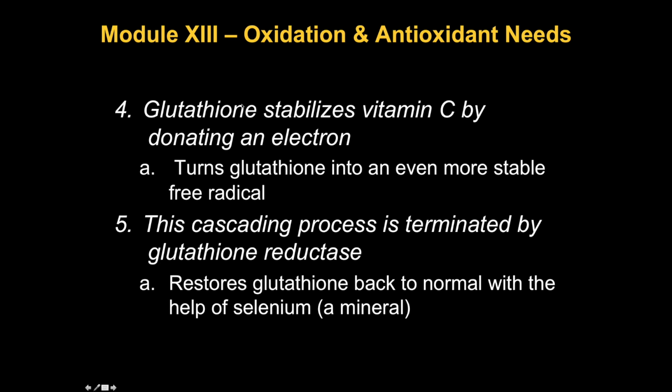And then finally, glutathione, which is a protein, is going to stabilize vitamin C and donate an electron to the cause and make that vitamin C whole again, and it is no longer a free radical. So glutathione is very, very easy to fix, and eventually it will get fixed, as we'll see in a few slides here.